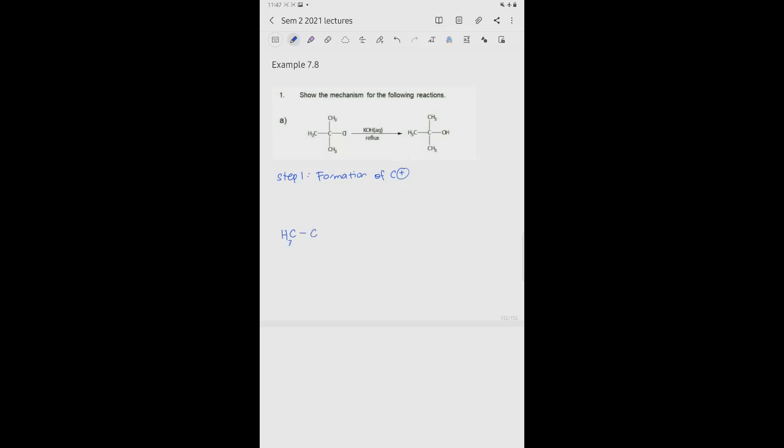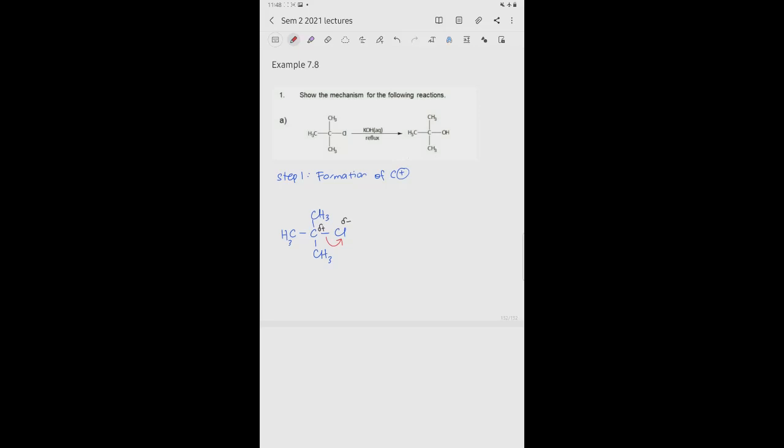where the carbon is delta positive and Cl is delta negative. In this reaction, the bond between C and Cl will break heterolytically.